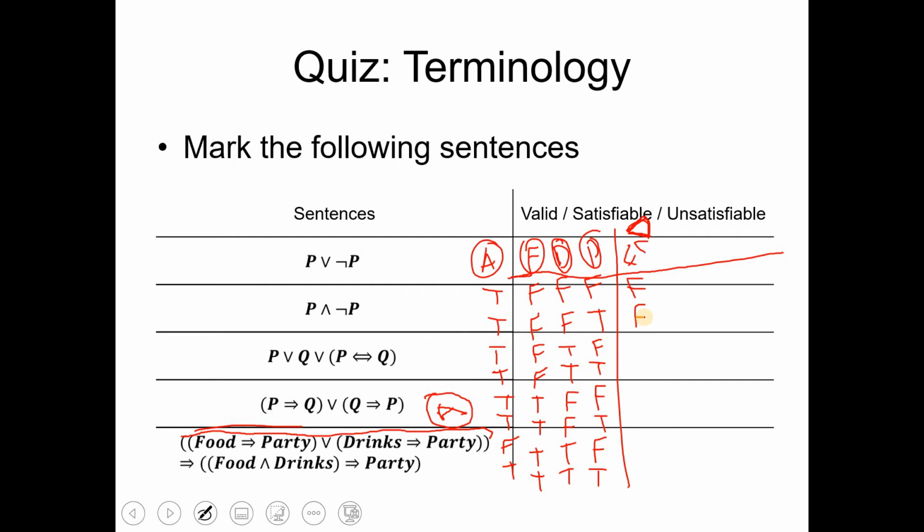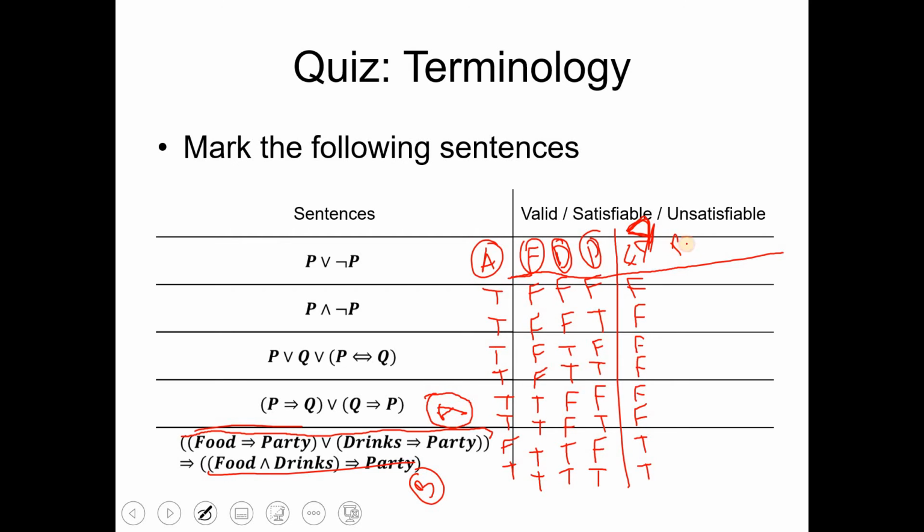It's an AND gate, so basically it will be false most of the time except when both are true. Okay, that's it. This is food and drinks. And the next one is food and drinks implies party. So check if this thing implies the P. Both of them are very near, so I will call this B.